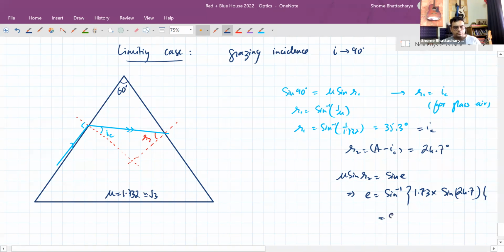So this will be about sine inverse of 0.723, which should then be about 46.3 degrees. The emergence is this.